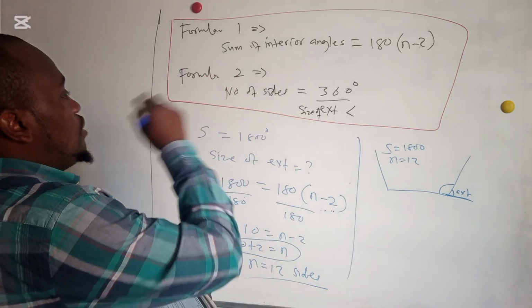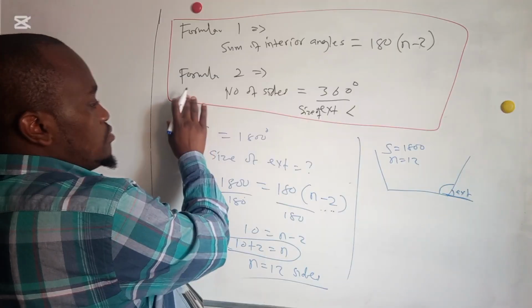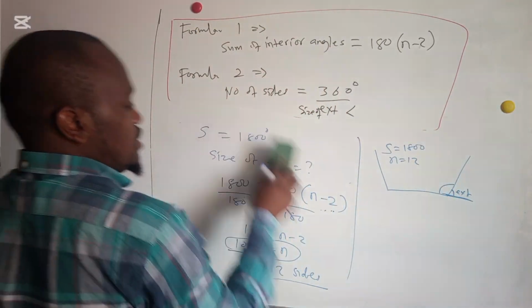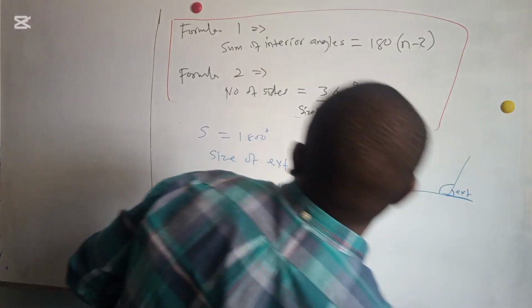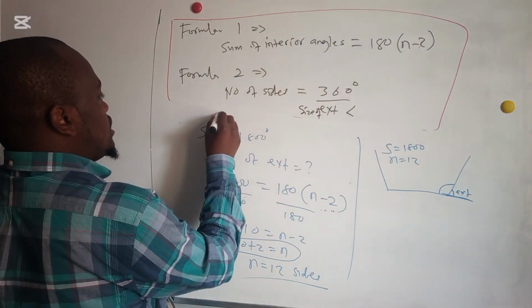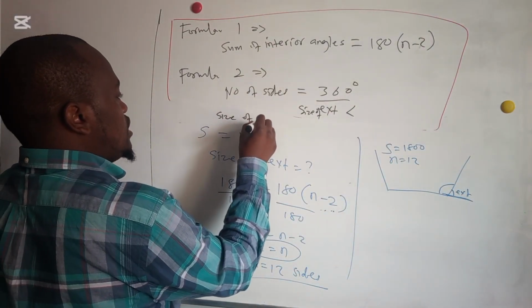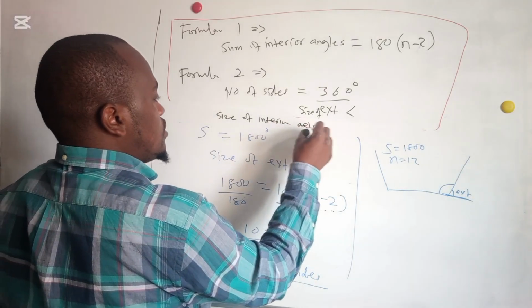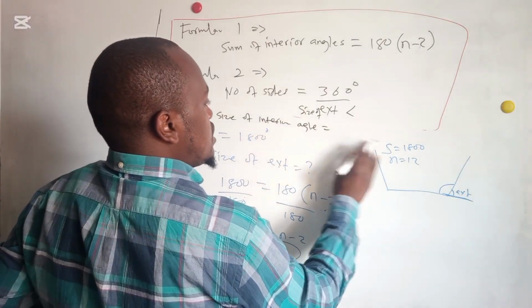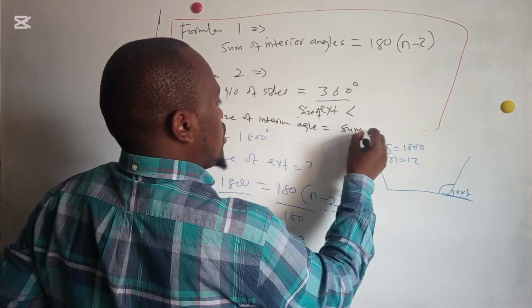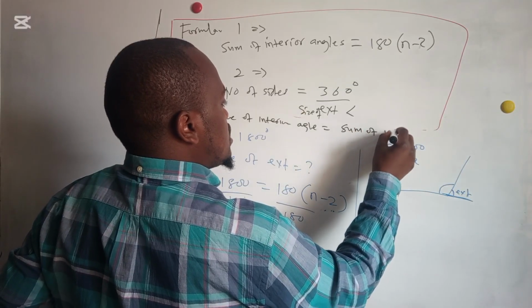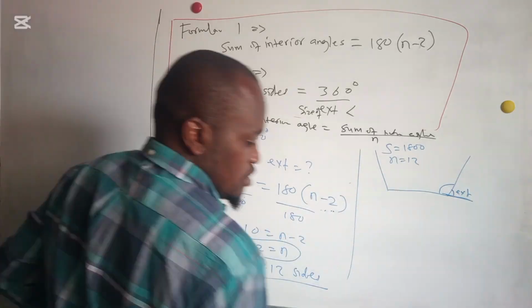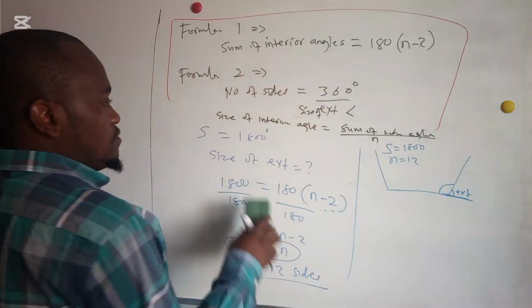Formula 3 is that the size of interior angle is the sum of interior angles over n. So that is one formula.